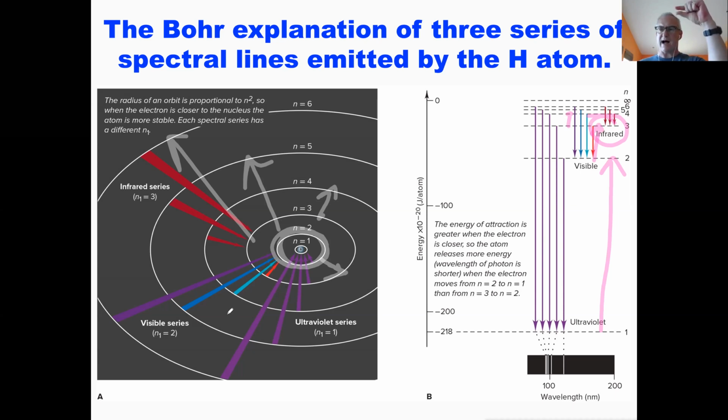So going from a high level to another slightly lower level releases just a little bit of energy, and those are the infrared series. So moving from 7 to 6 and 6 to 5 and 5 to 4 and 4 to 3. Those are small differences with not much energy, so those would be infrared. Those would be these wavelengths over here, the small ones, all together.